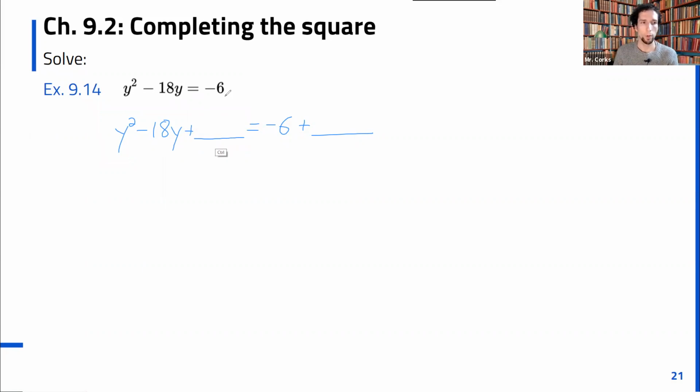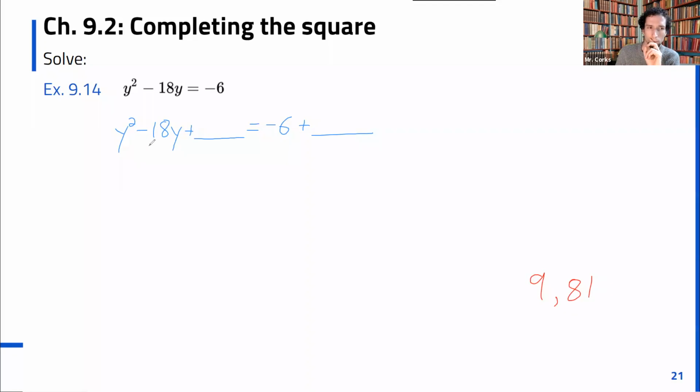So what number can we put in there? 81, or 9. One of those two. Tell me the method that we're going to use to find it.